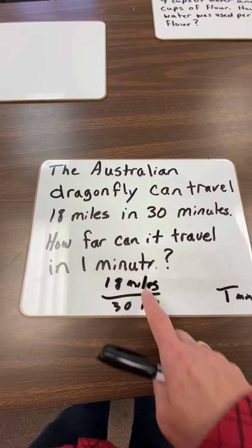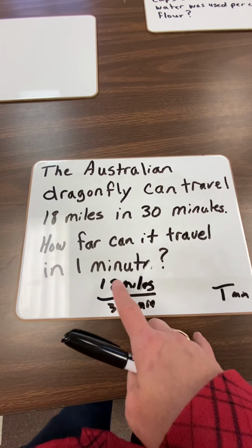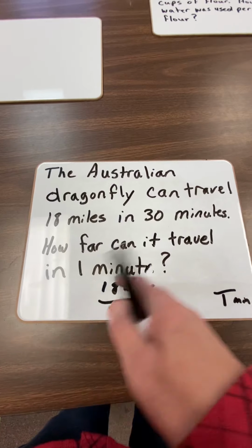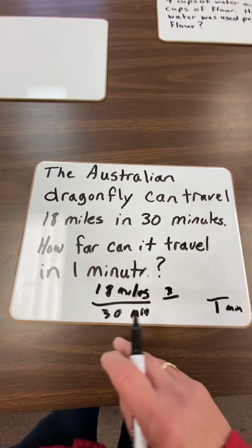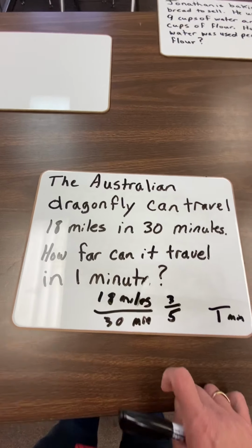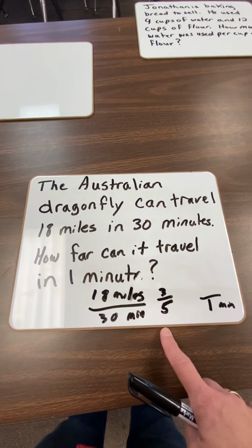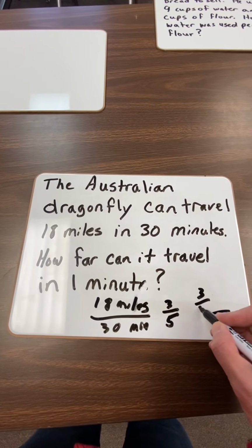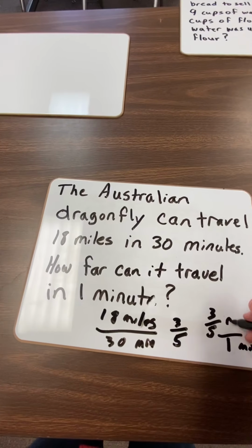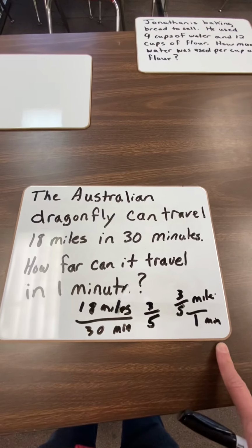Well, let's go ahead and reduce this problem here, okay? 18 and 30. What can go into 18 and 30? If we divide by 6, 18 divided by 6 is 3, right? And 30 divided by 6 is 5. So 3/5 of a mile in 1 minute is how far it can travel.